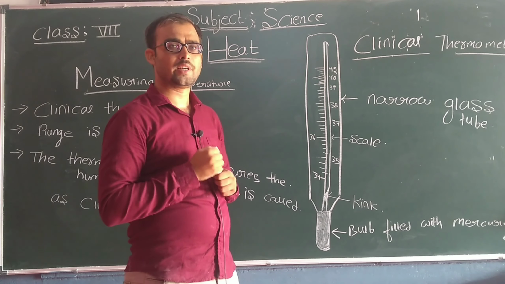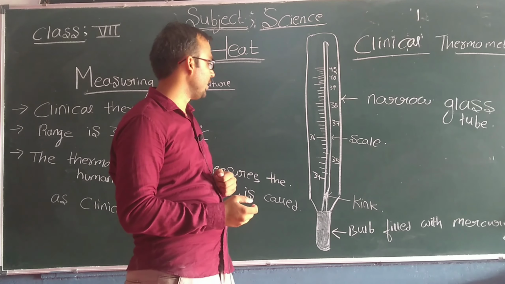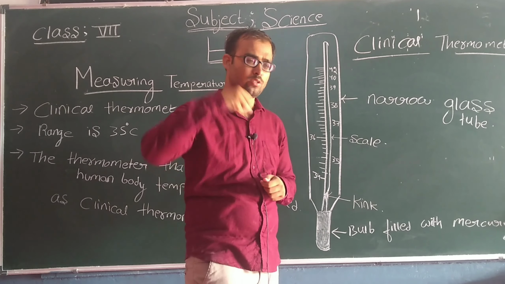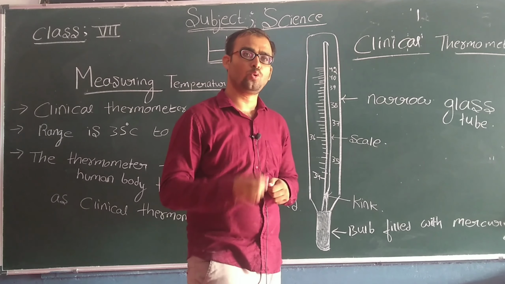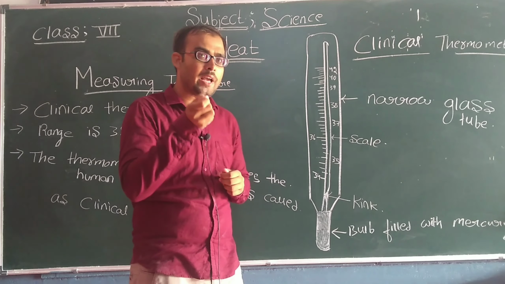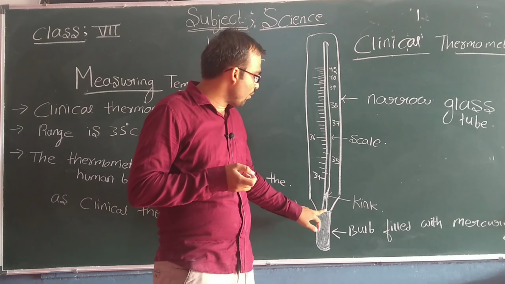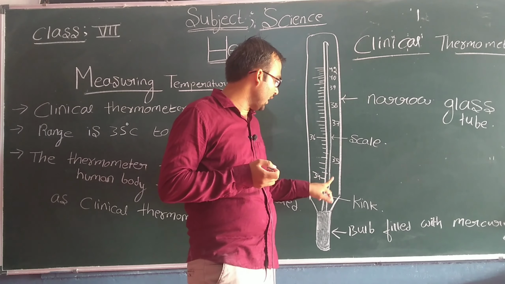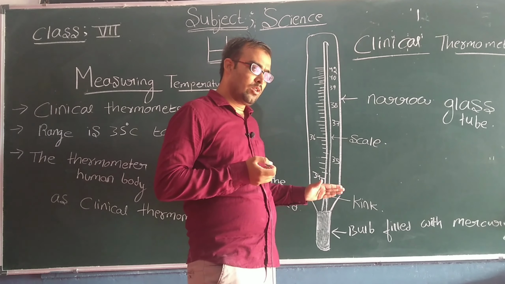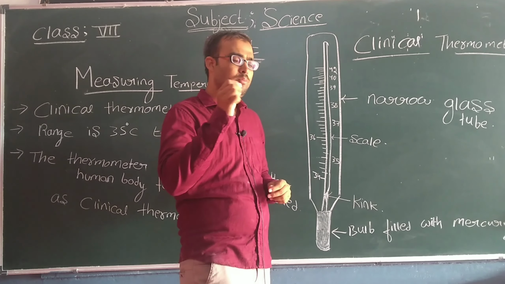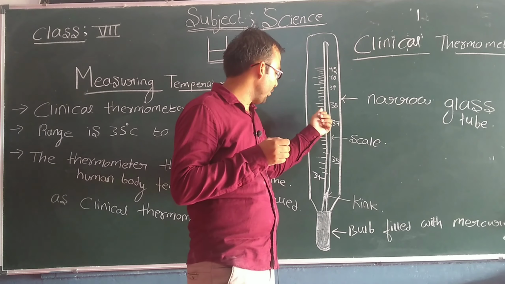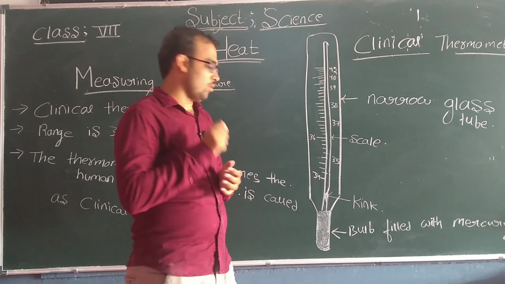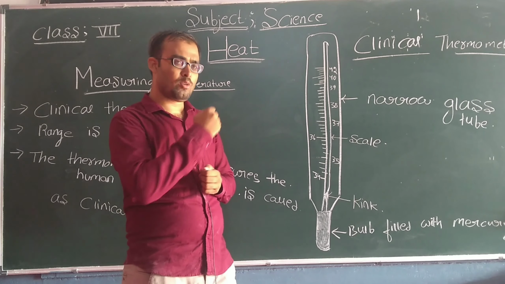We need to hold it firmly in our hand and give it jerks, two to three times, and must ensure that the reading of the thermometer falls below 35 degrees Celsius. When you give the jerks, ensure that the level of mercury is below 35 degrees Celsius. Then you can use the thermometer.